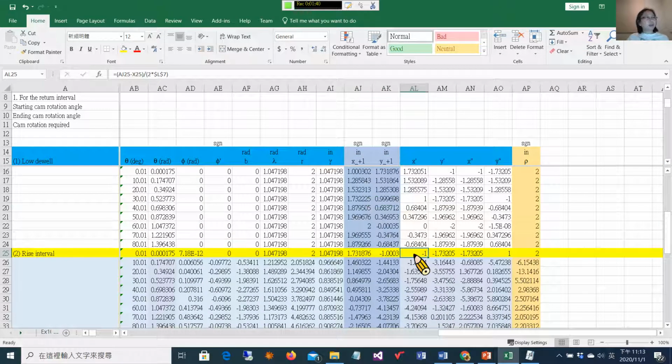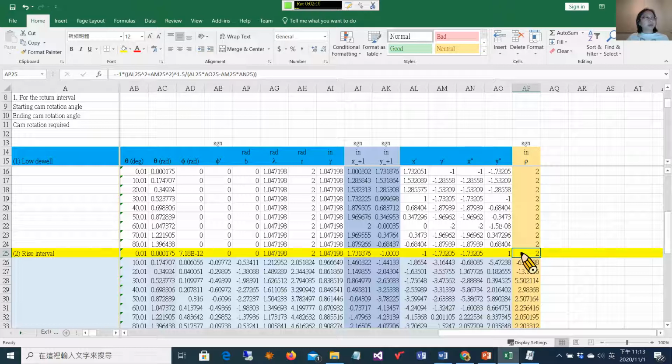Then we can get the first and the second derivatives of x and y coordinates based on the finite difference formulas. Here, first derivative for x, y, second derivative for x, y, then we apply them to compute the radius of curvature.